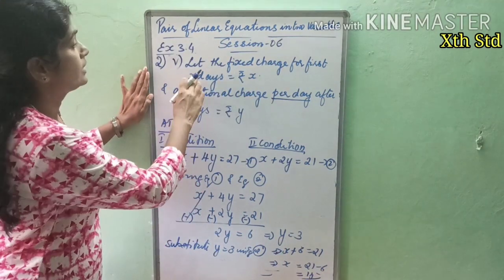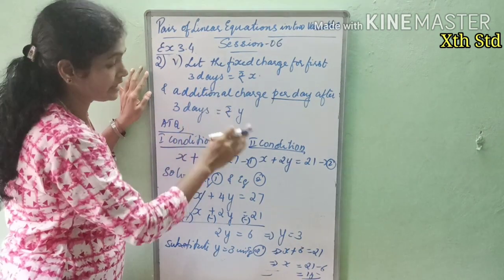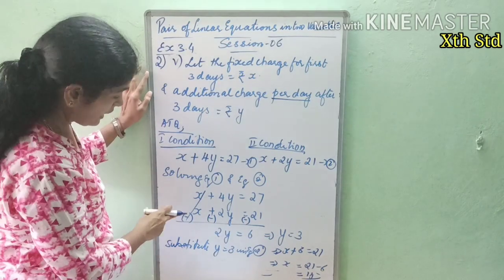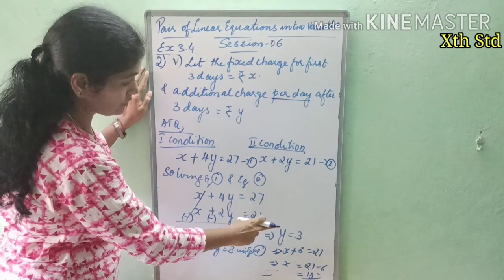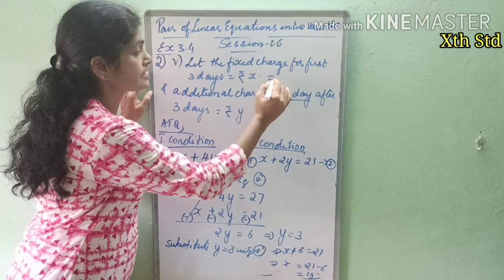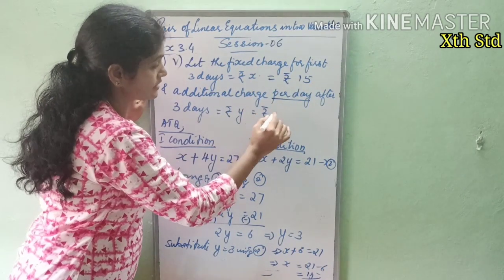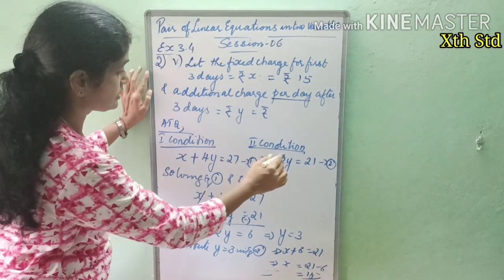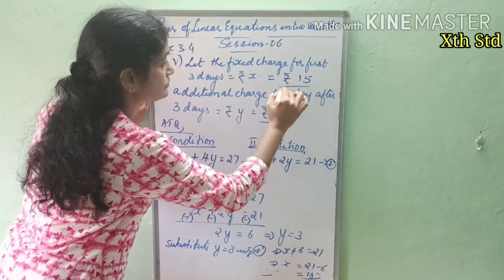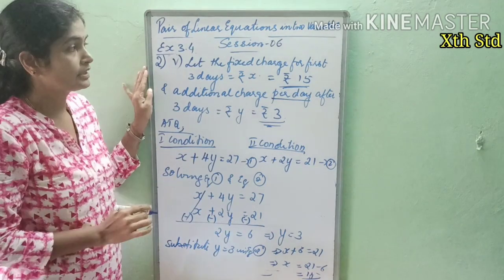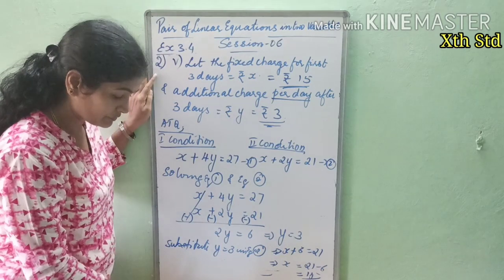So fixed charge for the first 3 days is x, that is 15, and additional charge per day after 3 days is y, that is 3 rupees. I will conclude here itself. This is rupees 15 we get, and here y is 3, rupees 3. This is the fixed charge and this is the additional charge they have to pay for each day.